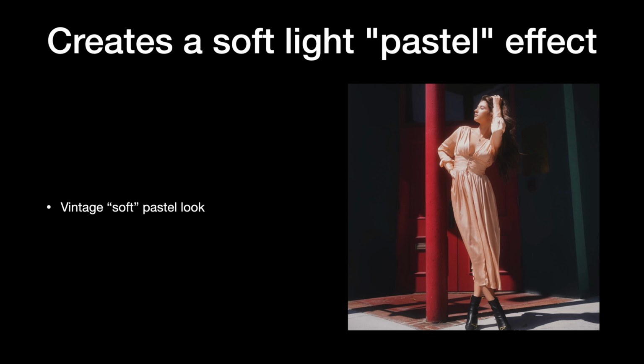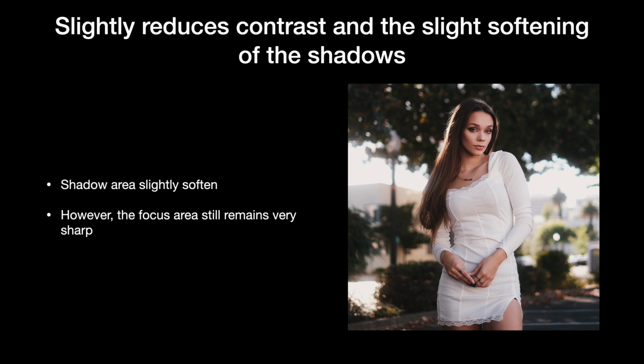So that's another one. The third one is slightly reducing the contrast and slightly softening the shadow area. You can see the bokeh area right above the head is slightly less glowing than the highlight area on the bottom half of the image in the background. It's because it just slightly softens the shadow.